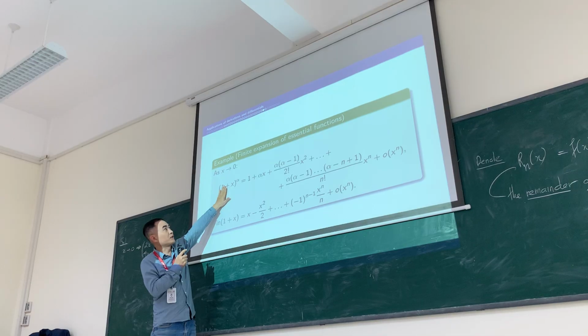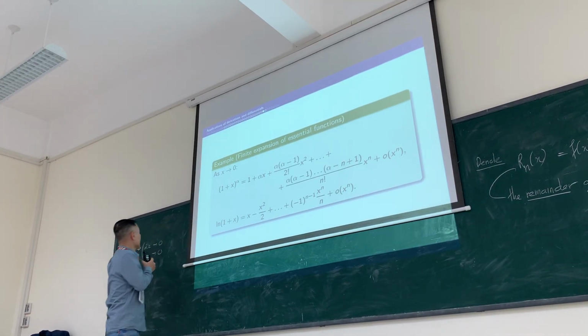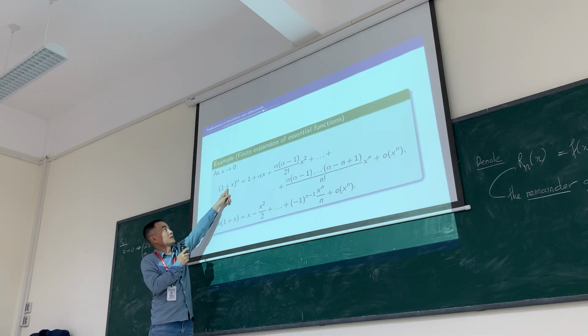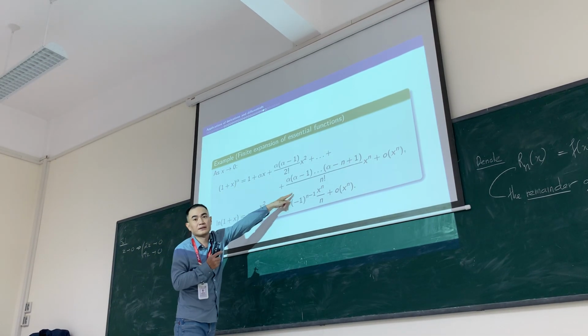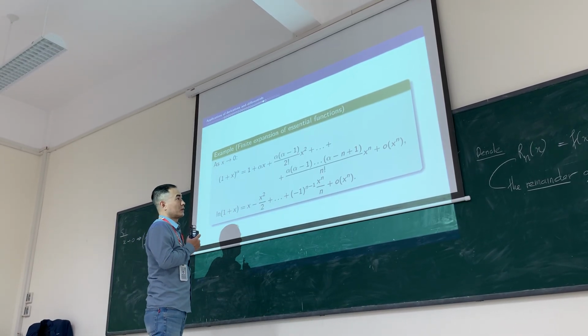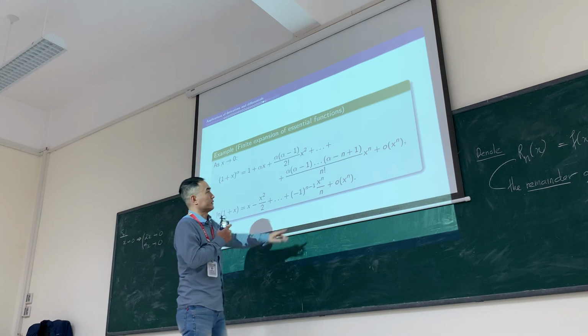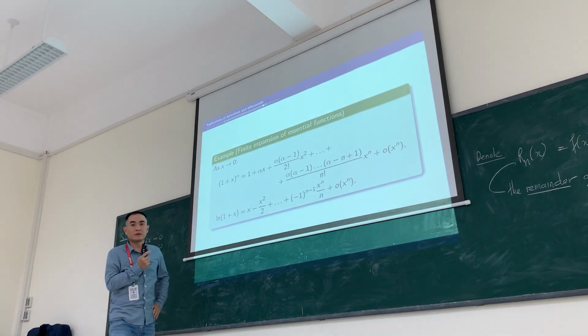We want to apply the formula here to approximate the function (1 plus 2x) to the power 1/3 by that. We choose the n.